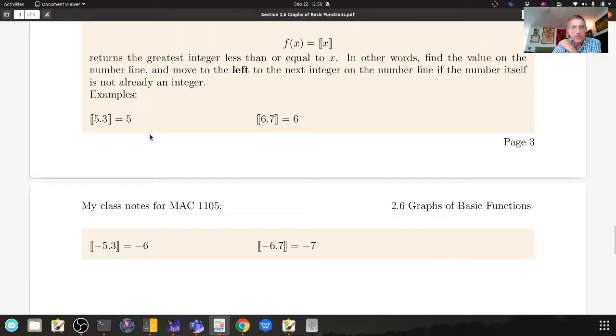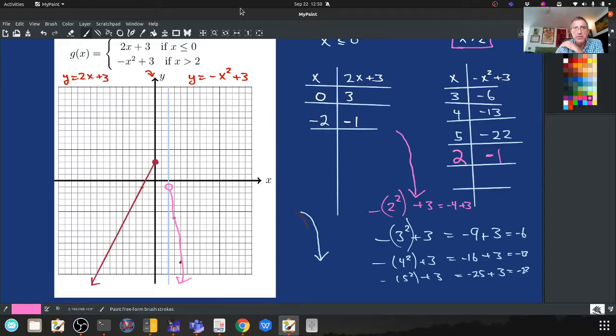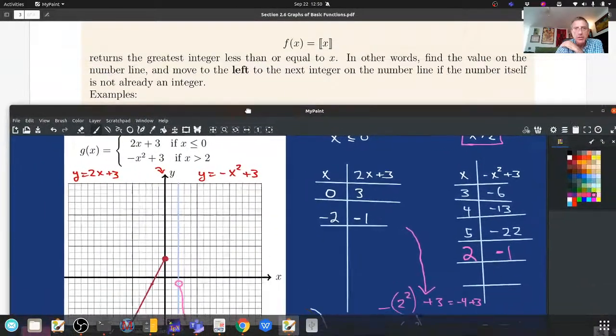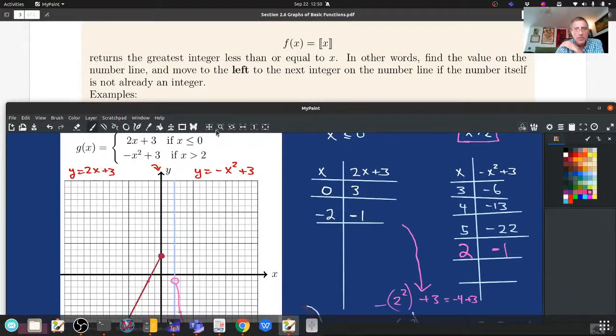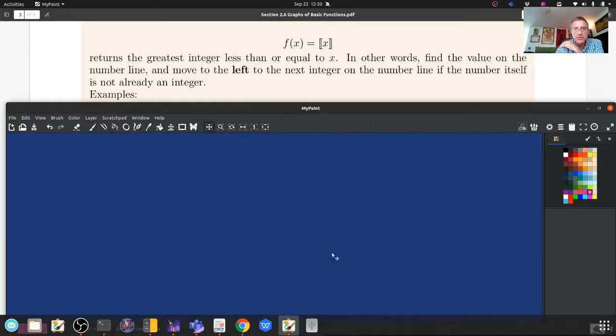Let's do the restricted domain for the positive integers. We're just going to be graphing this out. This is called a step function. And it is good that you see the graph, and I don't know why I didn't even give a picture of it.